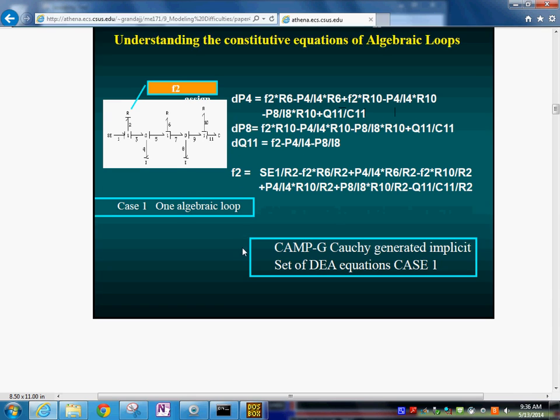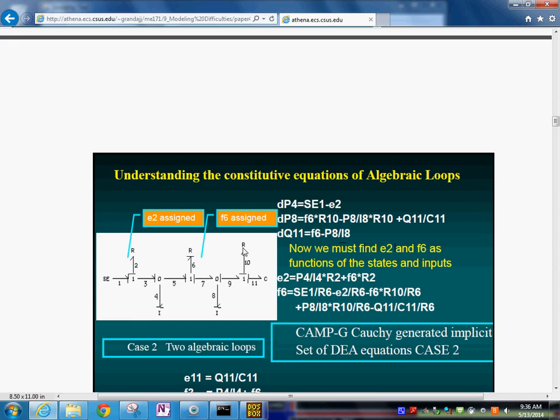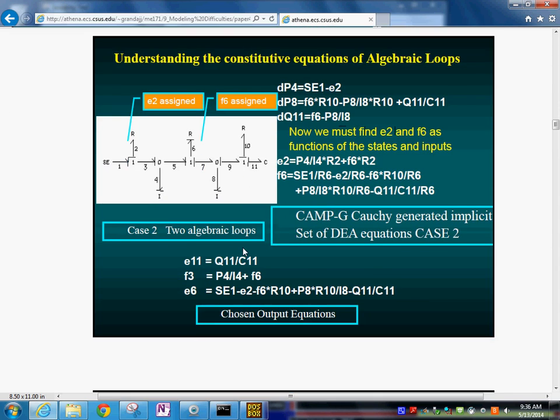Okay, so in the case of the 2 loops, you see, in the first case, you get the derivative, you get the Cauchy form of the equations, and it doesn't matter how much you try, you will get E2 on the right-hand side and F6 on the other 2 equations, and you can't get rid of those.